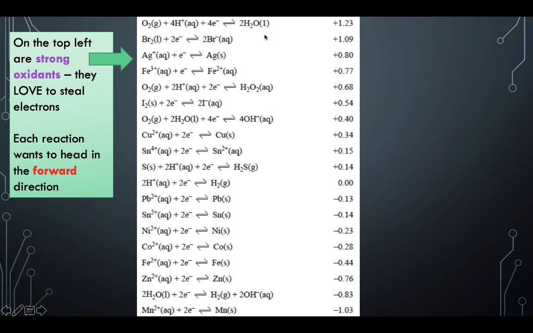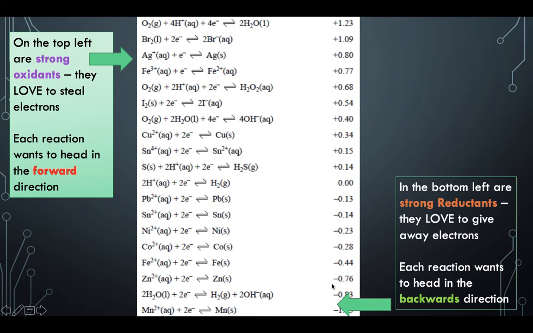So it goes forward, gains electrons. And the lower right is the stronger reductants. Okay? So the more lower right you are, the more likely you can win the competition and lose electrons in your reaction and go backwards.